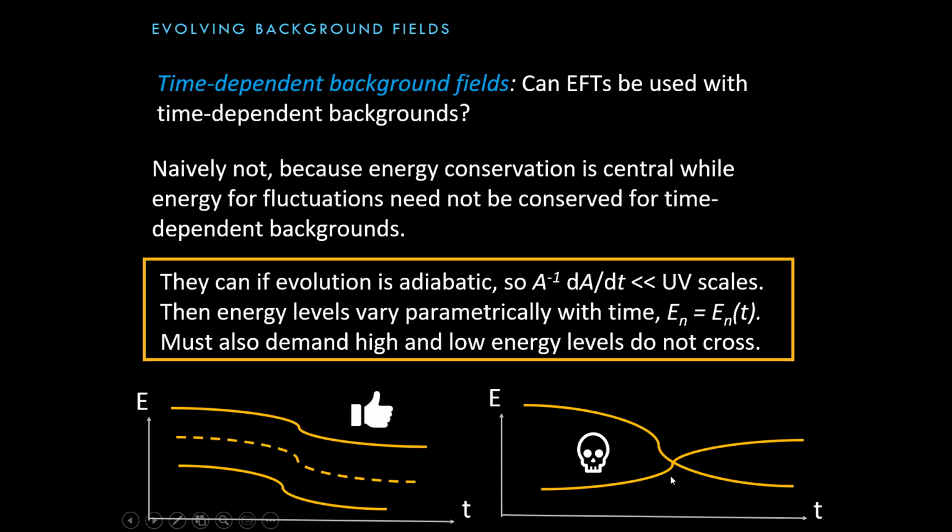They never actually cross at the end of the day. You know that levels always repel. But what'll happen at this point is that it won't be adiabatic anymore. And so the assumptions that go into this will typically break down in that situation. So there's no guarantee that just because you started in a situation where an effective field theory works, that you'll stay there as time goes on. You have to check that, but given that you check that, then it's okay.